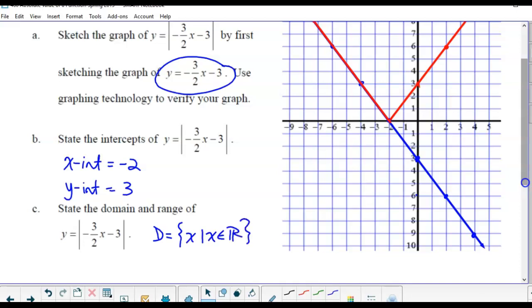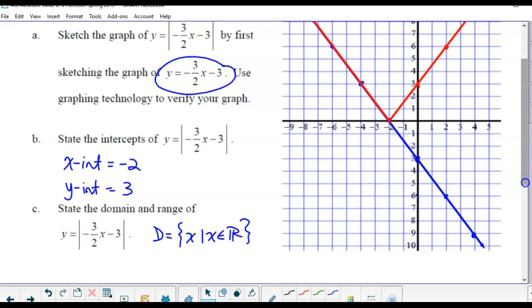You can put anything in for x. It's what you get out, the range, that depends what you put in, right? So here, our range is everything greater than or equal to 0. Okay? So for an oblique line, as I said, that's always going to be the case.